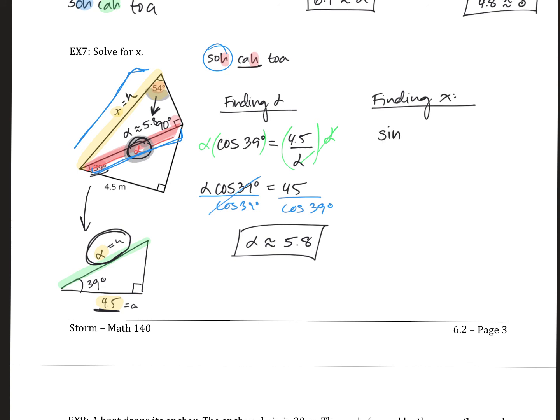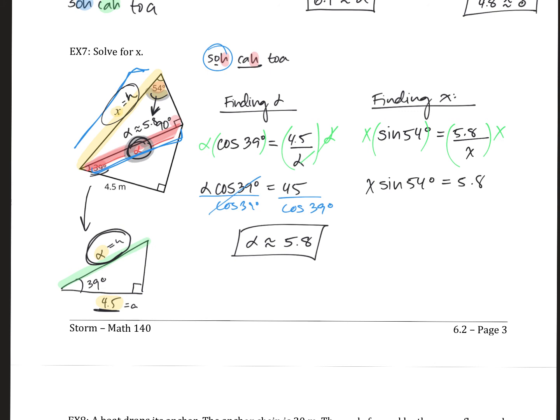So sine of 54 degrees equals the opposite value, which is 5.8, divided by the hypotenuse, which is x, what we're searching for. So solving for this, we'll go ahead and multiply both sides by x. Then we get x sine of 54 degrees equals 5.8.